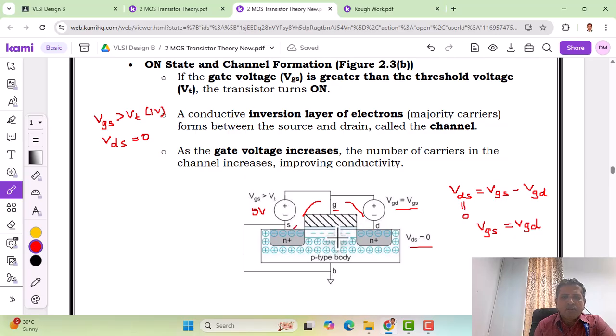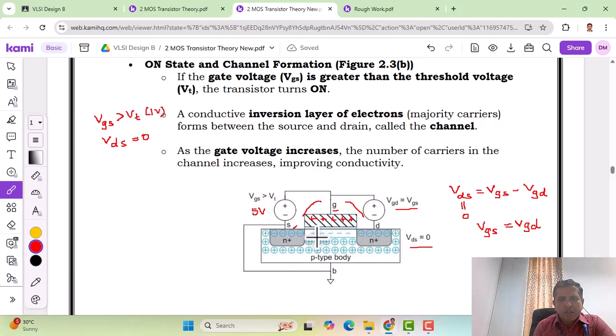Let us see the voltage that is applied. When VGS is greater than VT, that means the gate is provided with positive charges. A positive voltage is applied to the gate, and look at the changes in the body region. We have seen that an inversion layer has been formed because of the large voltage applied to the gate, and holes have been pushed downwards.